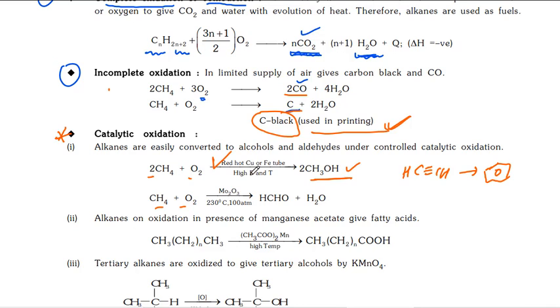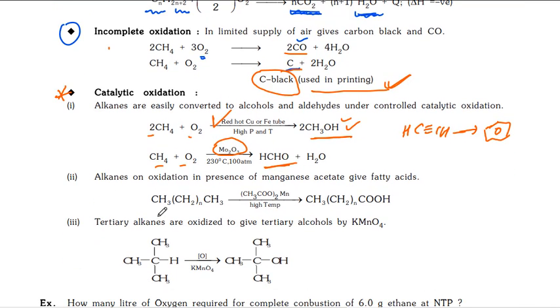So these catalysts have different functions with different reactants. With red hot copper and iron tubes, methane is converted into methyl alcohol. Then molybdenum oxide converts it into formaldehyde.